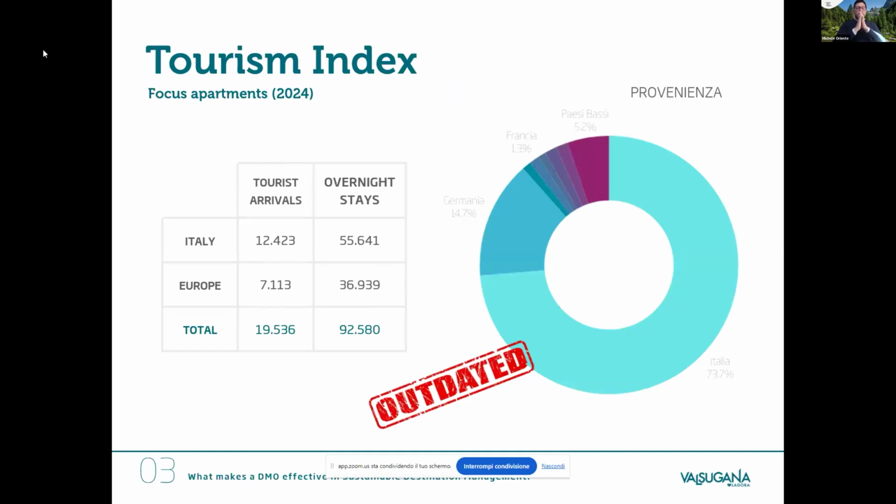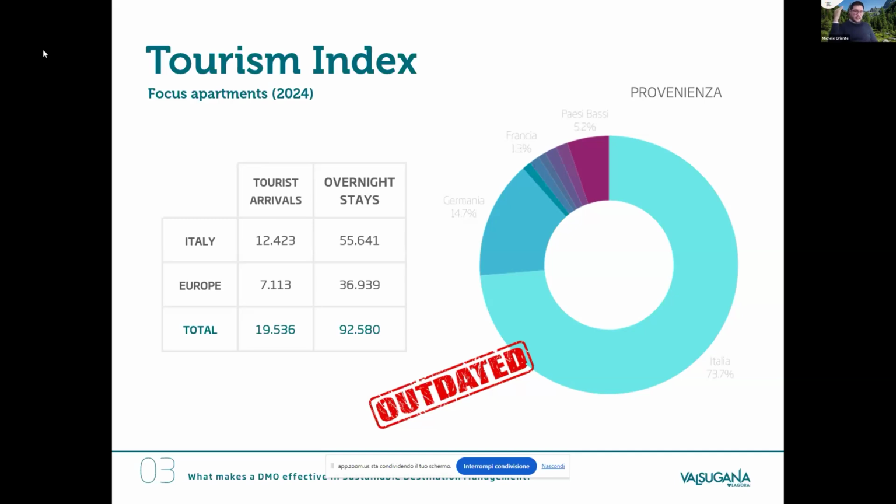For example, when we talk about entrepreneurs or measures or local people, we have to consider, in the past, the tourist indexes, for example tourist arrivals or overnight stays. But this is our old school.